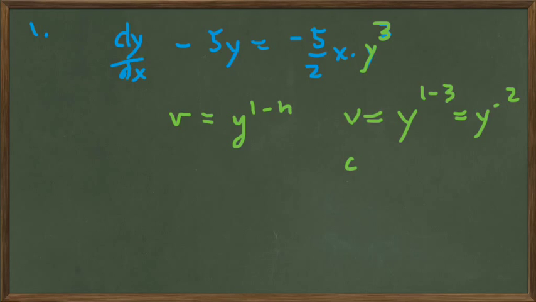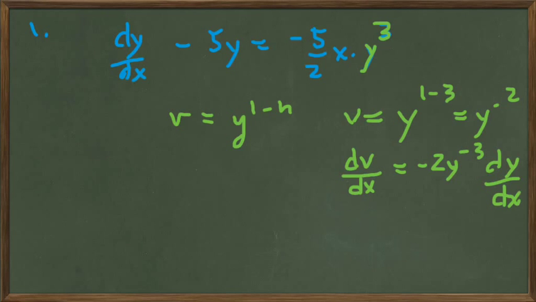And so from there, we find dv dx in terms of dy dx. So we differentiate the left side and get dv dx. We differentiate y to the minus 2 and get minus 2 y to the minus 3 dy dx, because when we differentiate this right-hand side, we've got an outside function, the power minus 2, and we've got an inside function y, so we use the chain rule.